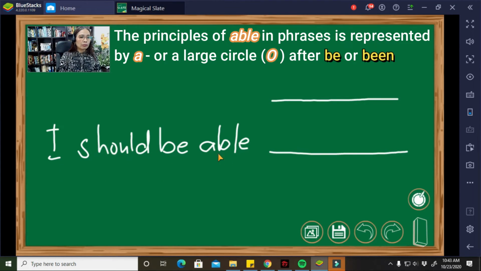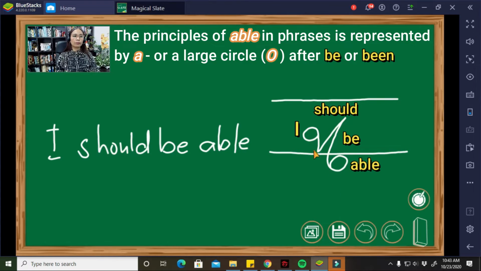I is a brief form. Be is a brief form again. So, I followed by a downward curve for should and then be and then a circle for able. I should be able. Okay.